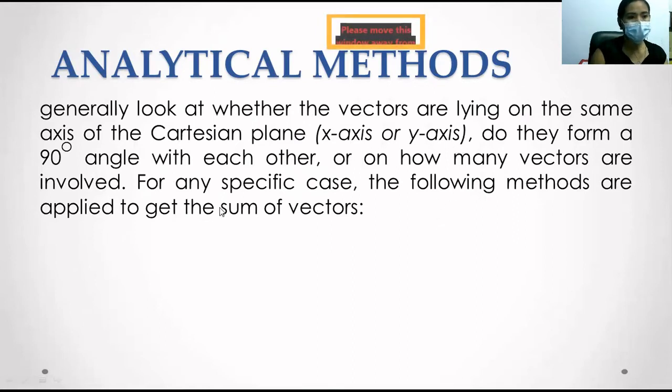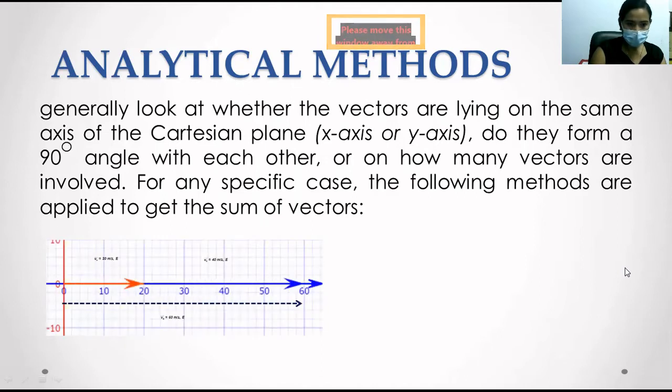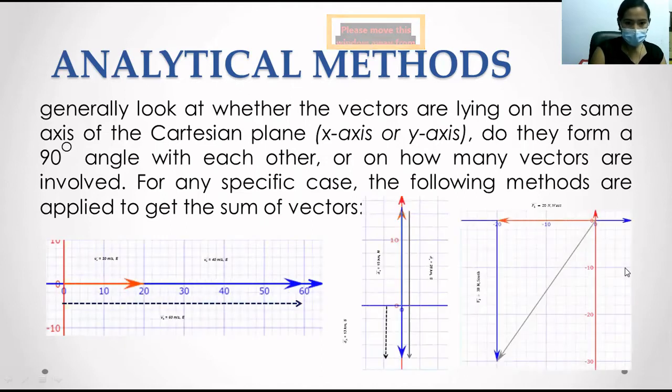Do they form a 90-degree angle with each other, or how many vectors are involved? For any specific case, the following methods are applied to get the sum of vectors. So these are the diagrams that I have shown in the module. We will be going over each of these examples in a while.